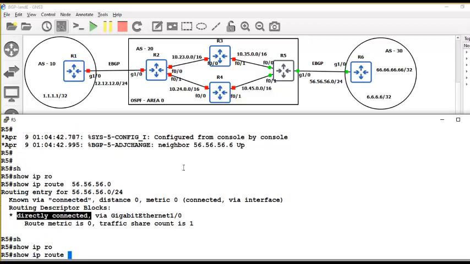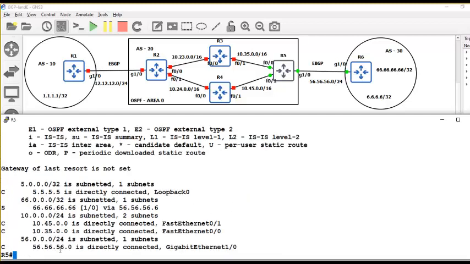Even here you can see directly connected. But is the 66 network directly connected? Show me where it is directly connected. See, it is not directly connected. 66 is not directly connected. Even though it is on the router which is directly connected, the routing table doesn't show it as directly connected.